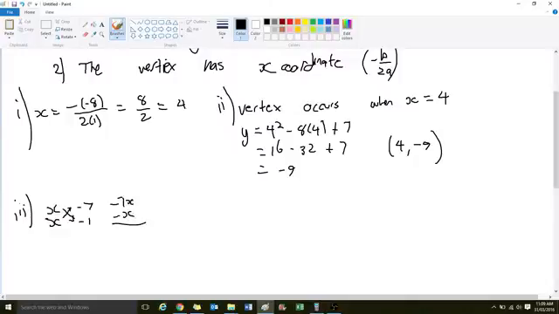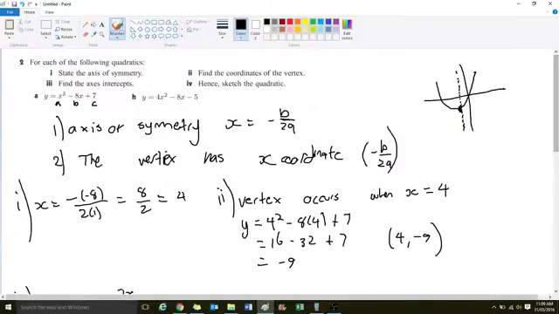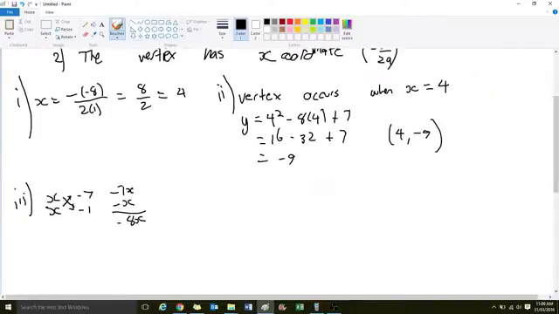Then I add these together and I get minus 8x. The product, minus 7 times minus 1, is positive 7, which is our c value, and the sum is minus 7x take x, which is minus 8x. So our factors are x take 7 and x take 1, which makes the roots equal to 7 and 1.